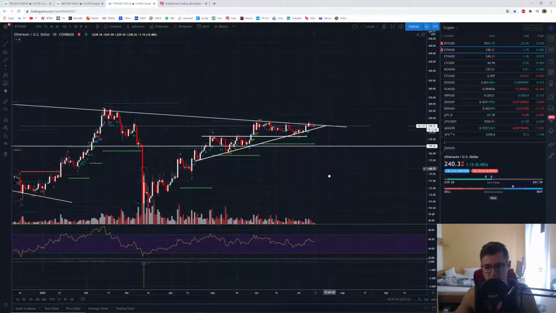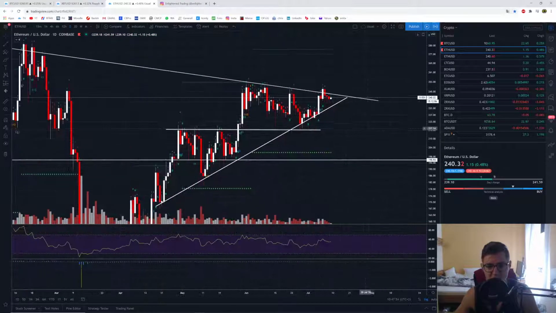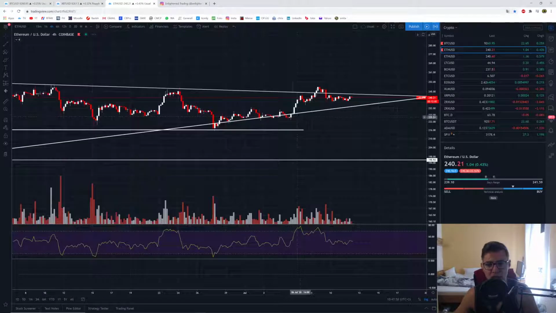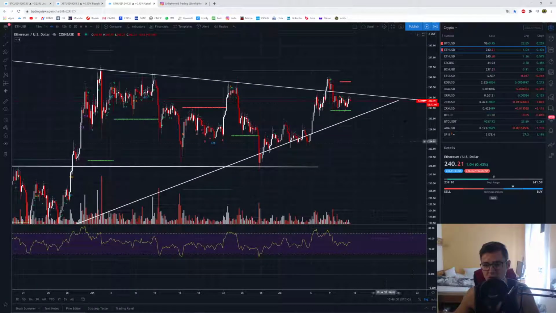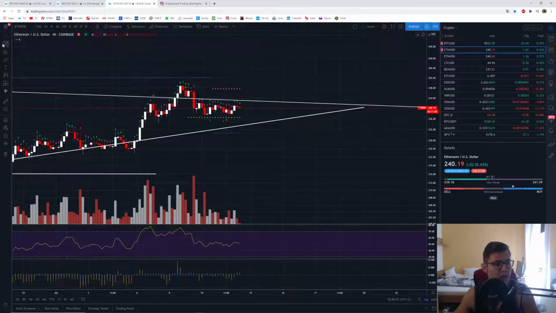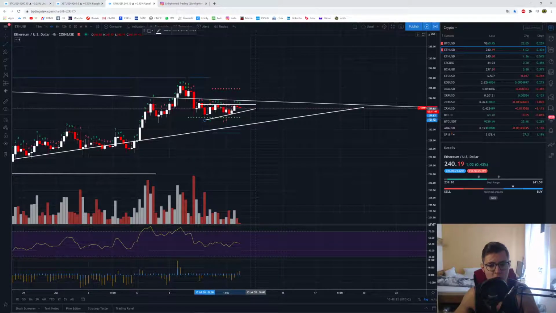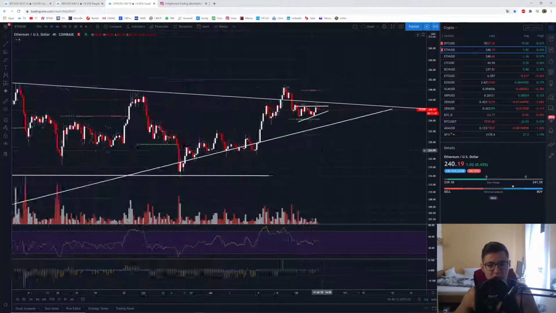This breakout was not yet confirmed, but we are still holding not too badly here on Ethereum, and similar to what we're seeing on Bitcoin, we have another retest of this 4-hour lower high, and we have the possibility to form a 4-hour ascending triangle here on Ethereum.